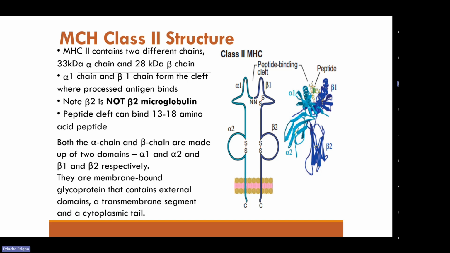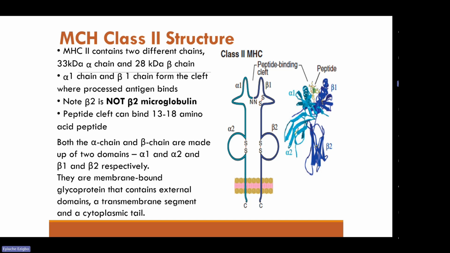So what it means is that this peptide binding cleft is being formed by the alpha 1 and beta 1 chain, unlike the MHC class 1 structure. So you should be able to differentiate the structure of these two molecules. The MHC2 contains two different chains, 33 kilodalton alpha chain and 28 kilodalton beta chain.